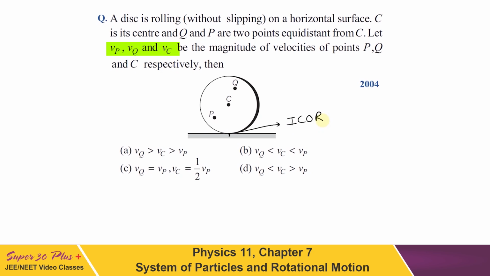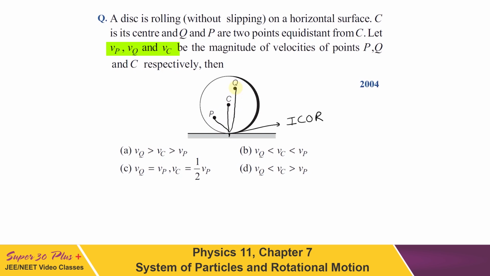Now velocity of any point on the disk can be written as V is equal to omega r, where r has to be its distance from the point O. So if we now check the value of r for each point, for P it is this, for C and then for Q, we can see that RP is smaller than RC, which in turn is smaller than RQ.